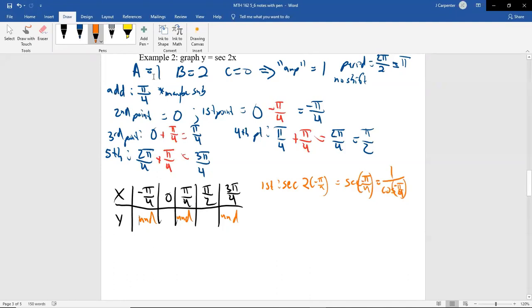Well, cosine of pi over 4 is square root of 2, hold on, pi over 4. Four? No, 2. What? I knew something looked wrong. I keep looking at the pi over 4s over here. The 2 and the 4 reduced to a 2. There we go.